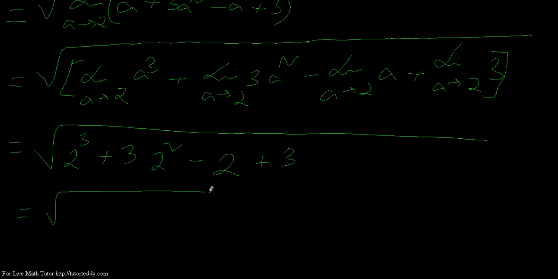This is equal to the square root of 8 plus 4 times 3, which is 12, minus 2 plus 3. You add up all the positive numbers: 8 plus 12 is 20, plus 3 is 23, minus 2 is 21. So you have the square root of 21.